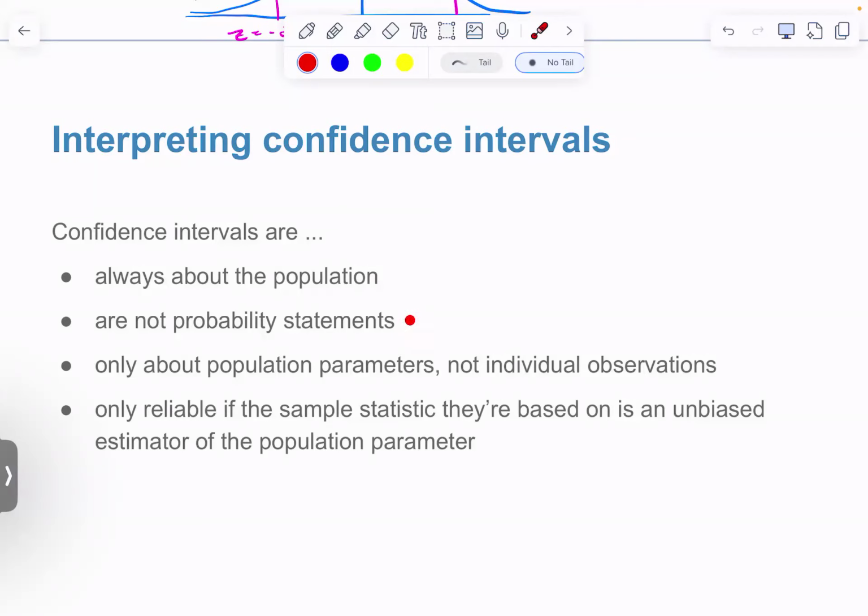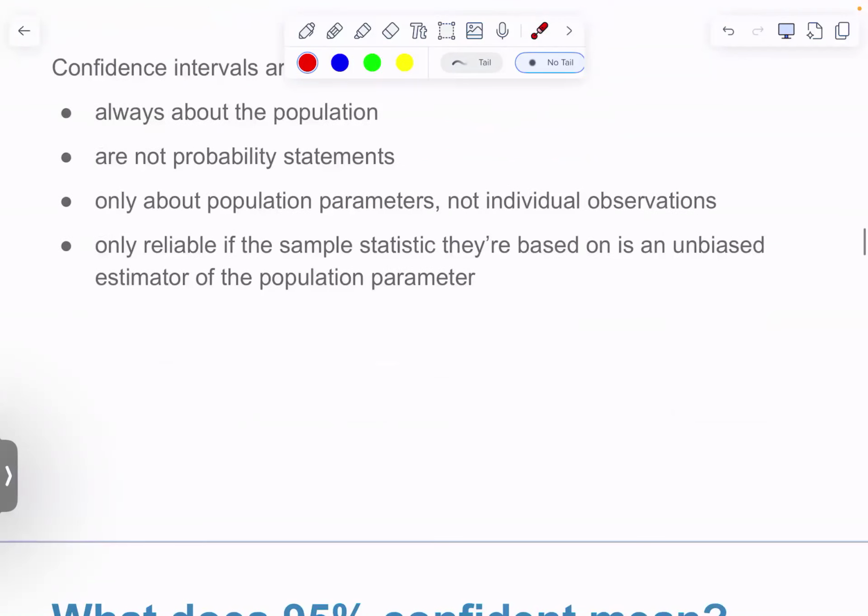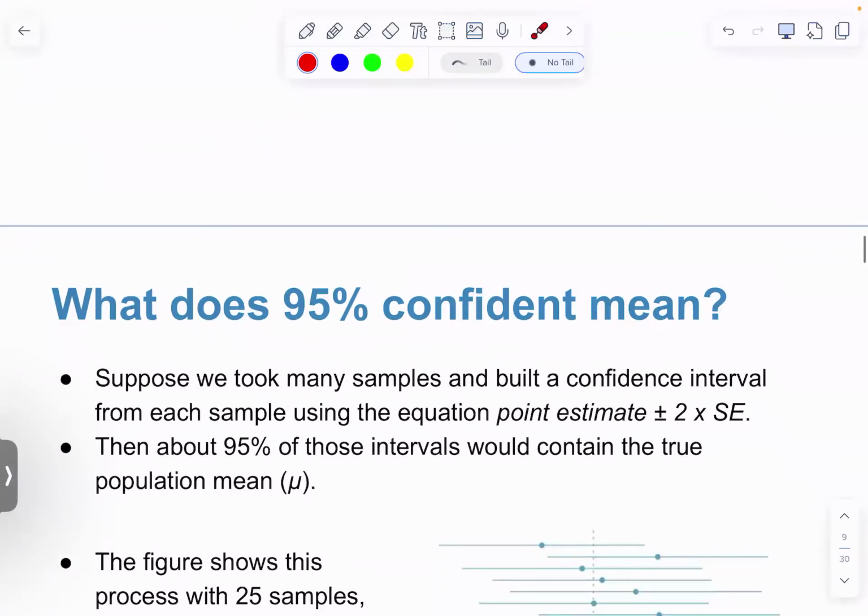So it's more about how confident I am that I'm able to capture it. Unbiased estimators, we don't need to know about that.